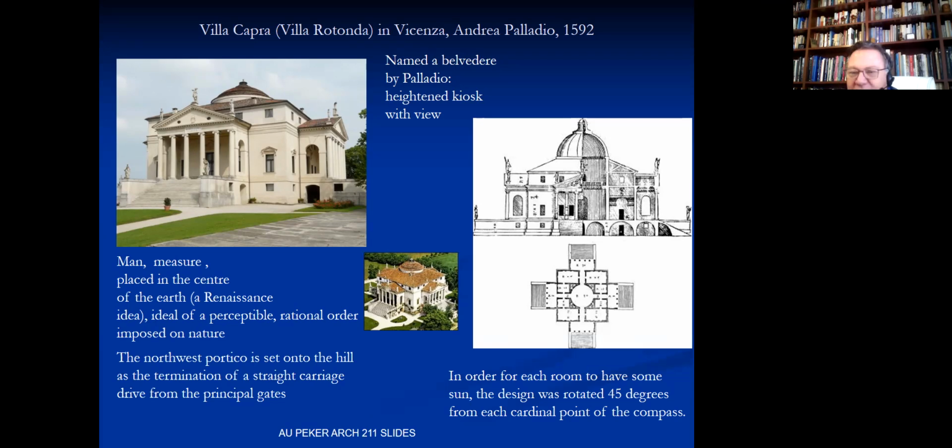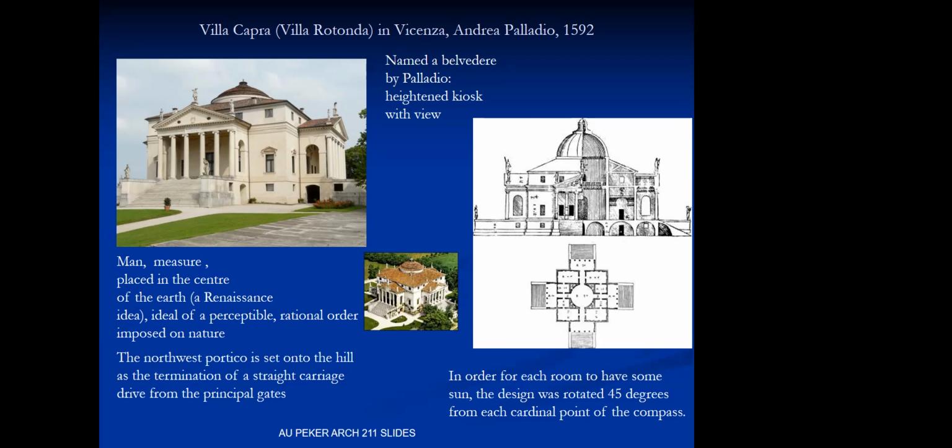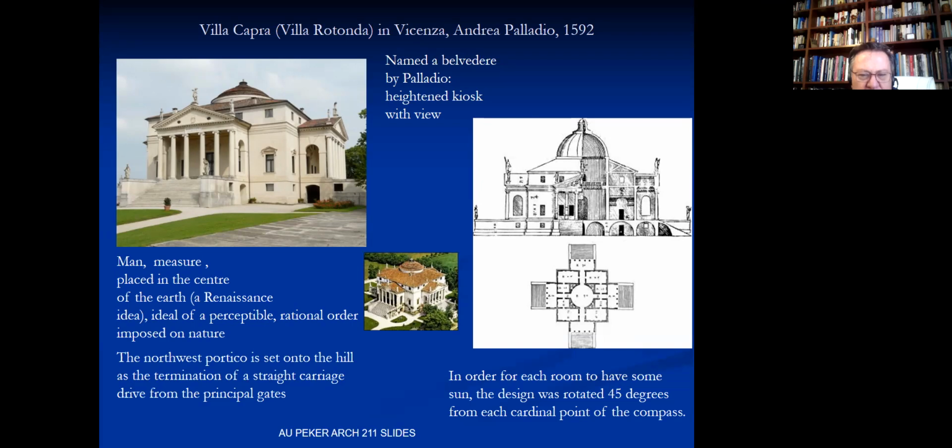Architecture looks like a medium in every case we deal with it. It is so functional, of course, not only for daily functions, but also cultural and religious functions. It is really a functional whole. The northwest portico is set onto the hill as the termination of a straight carriage drive from the principal gates. From the gates, you reach the portico by means of routes.